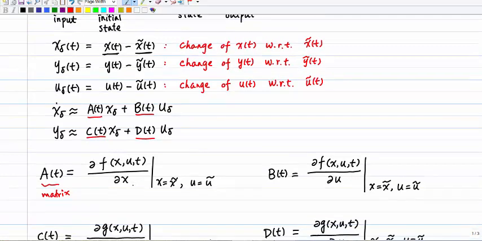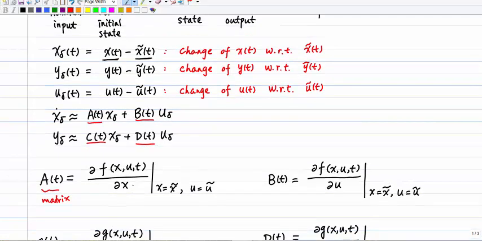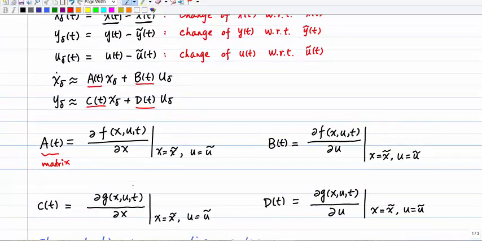B(t) is the partial of f with respect to u, evaluated at x being x tilde and u being u tilde. Similarly, C(t) is the partial of g with respect to x, evaluated at x tilde and u tilde. And D(t) is the partial of g with respect to u, evaluated at x tilde and u tilde. So that's how we can linearize a system.